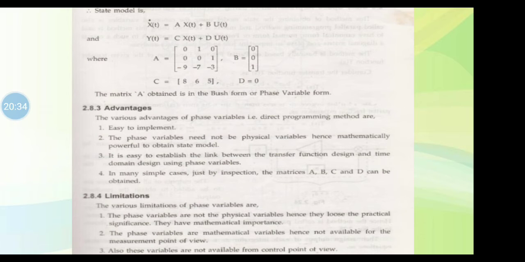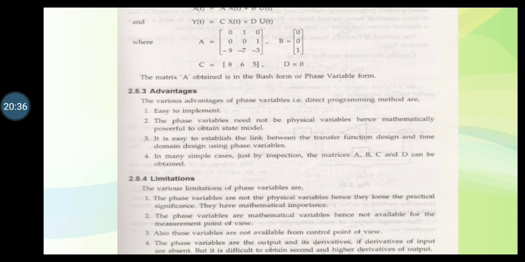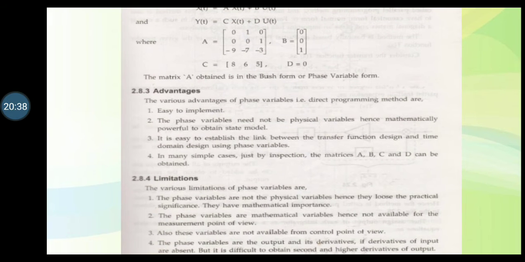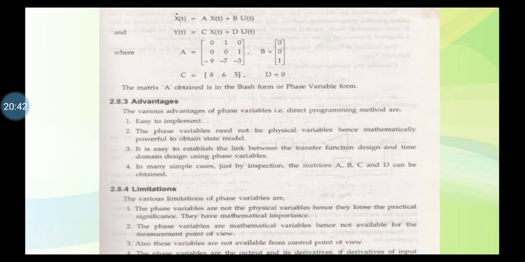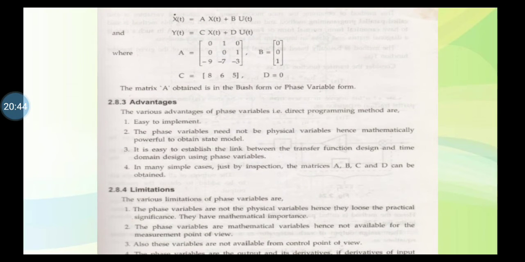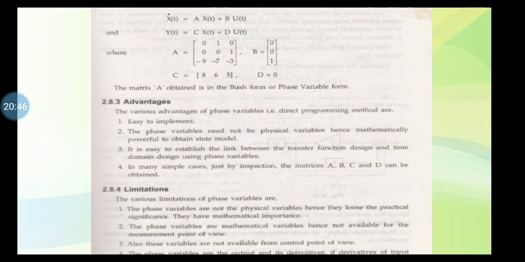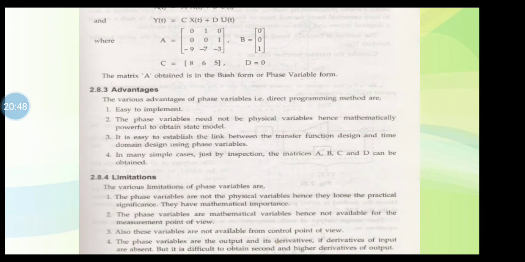Easy to implement. 2. The phase variables need not be physical variables, hence mathematically powerful to obtain the state model. 3. It is easy to establish the link between the transfer function design and time domain design using phase variables. 4. In many simple cases, just by inspection, the matrices A, B, C and D can be obtained.